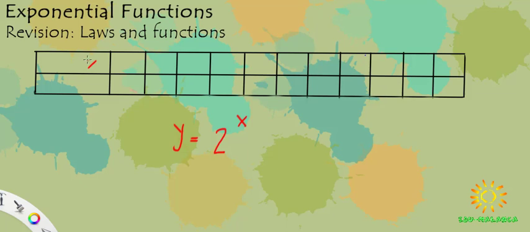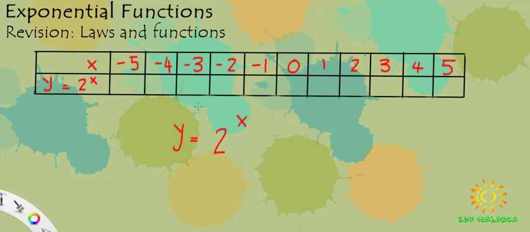So we have x, and then our range would be y, which is equal to 2 to the power of x. If we choose values of the domain that start from -5, -4, -3, -2, -1, and then 0, then we go to 1, 2, 3, 4, 5.